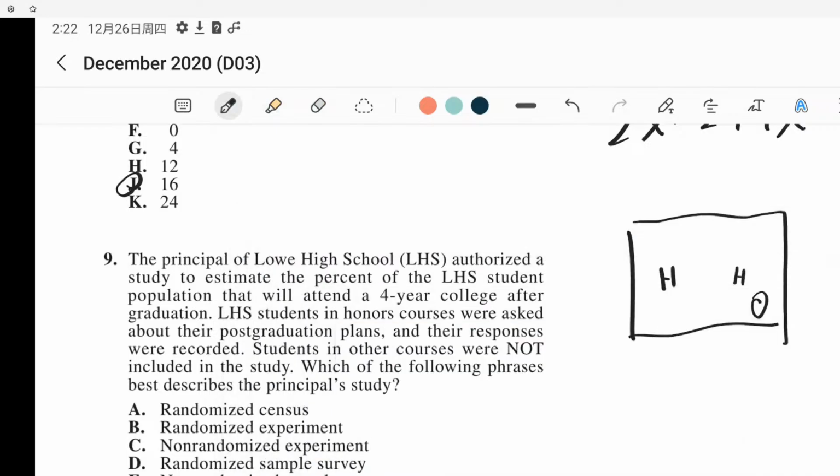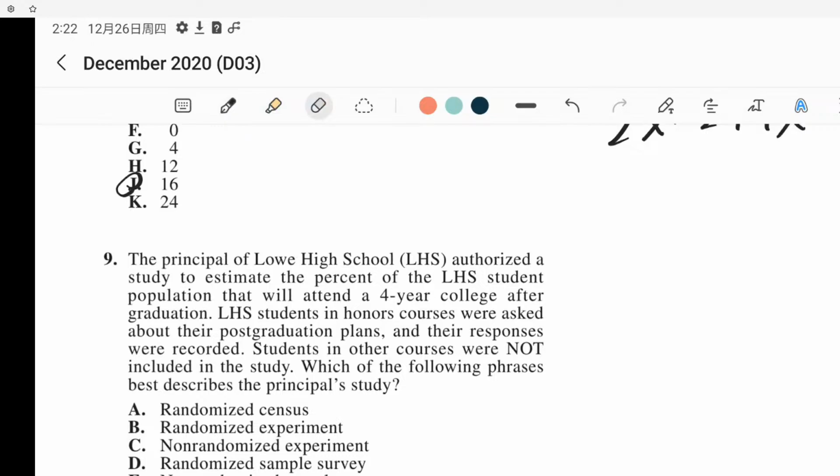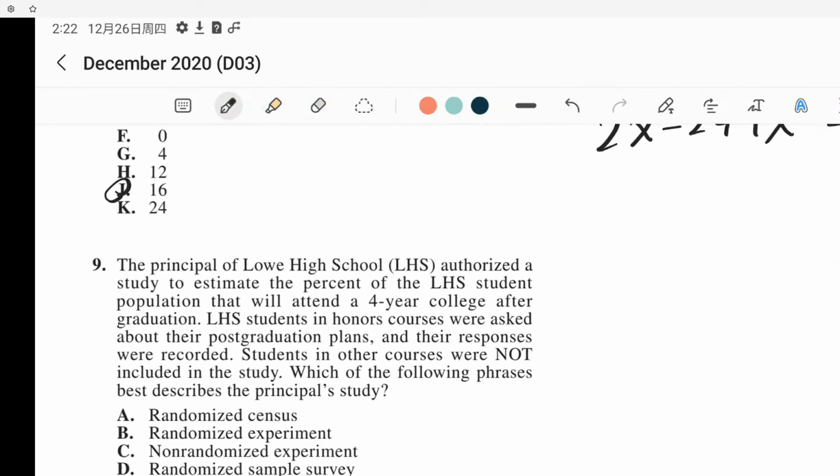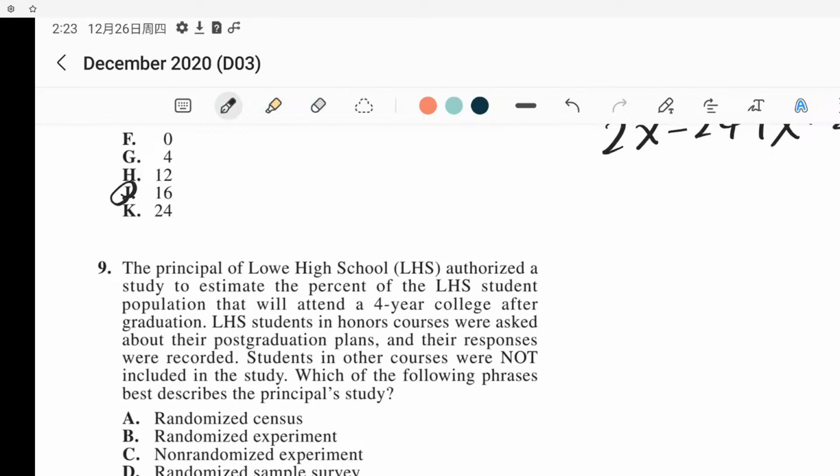Now I do not currently have the answer for what is known in a sample survey. Okay, so he took a sample, the part where he took the students in honors courses. This is a sample in statistics. And it is a survey, not an experiment, because he asked for responses. So this should be a non-randomized sample survey.